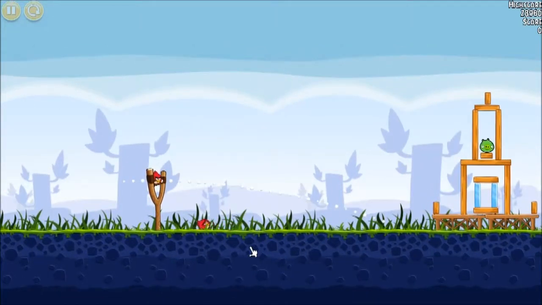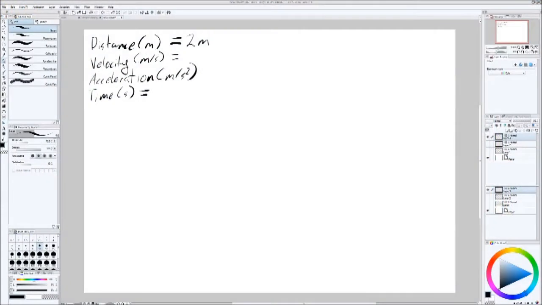So that's 1 second. Then from that we can calculate that velocity is equal to 2 meters over 1 second, which is equal to 2 meters per second.